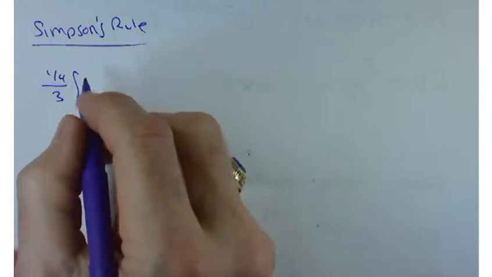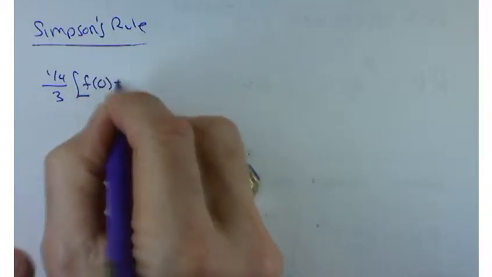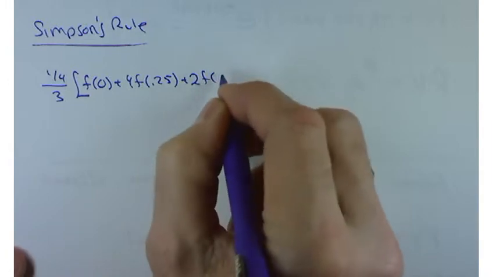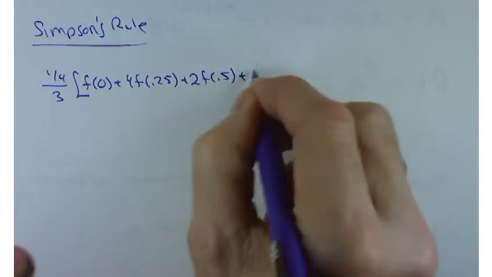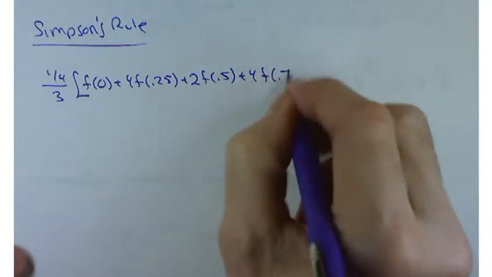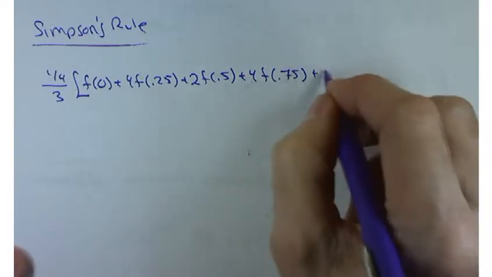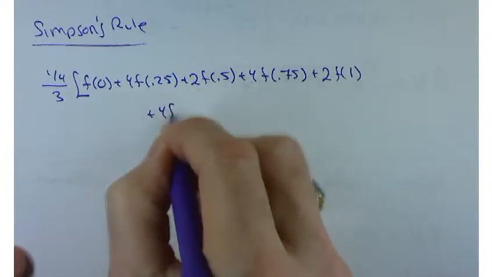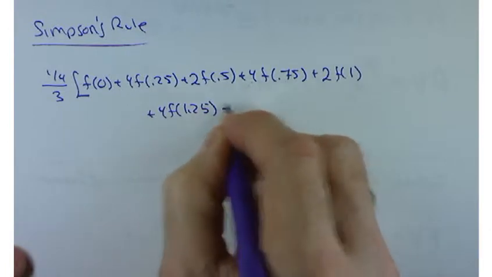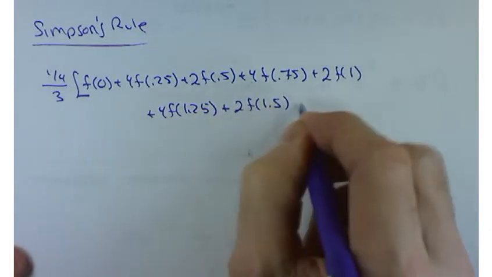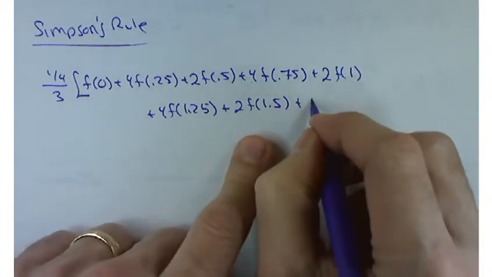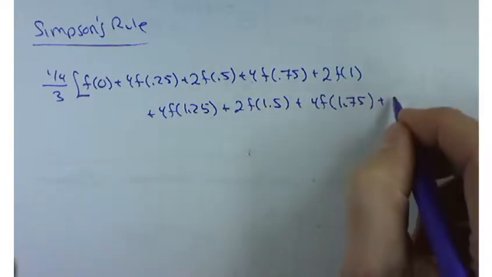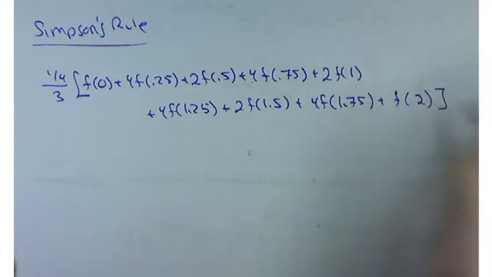And I'm going to want to take f of 0 plus 4 times f of 1/4 plus 2 times f of 1/2 plus 4 times f of 0.75 plus 2 times f of 1, and let me continue over here, plus 4 times f of 1.25 plus 2 times f of 1.5 plus 4 times f of 1.75 plus, what's the last one? f of 2.